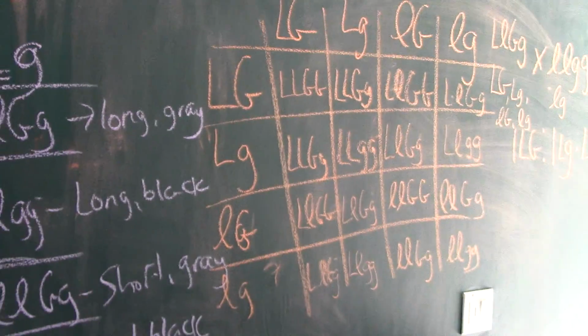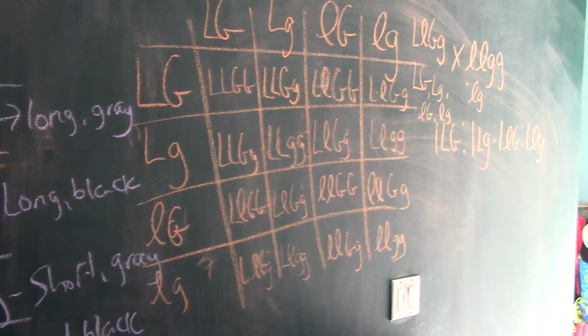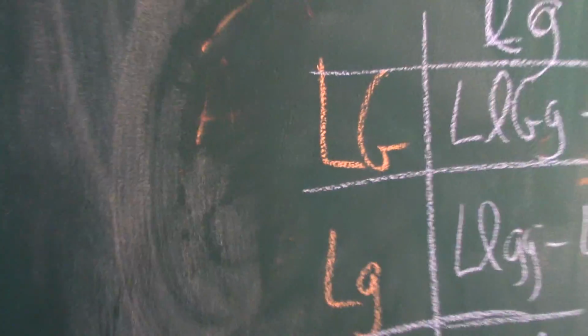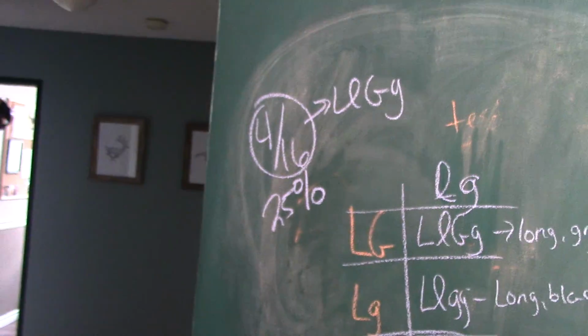So how many of them are there? There's 4 out of 16 that are big L, little l. So the probability that you'll get this ratio when you breed one of these F2 offspring with a test cross is 25%.